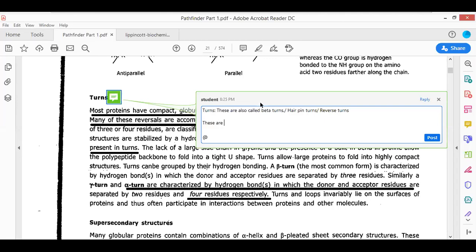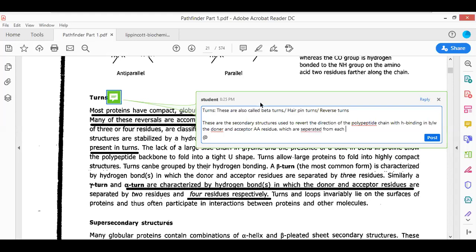These are the secondary structures used to revert the direction of the polypeptide chain, with hydrogen bonding in between the donor and acceptor amino acid residue, which are separated from each other.